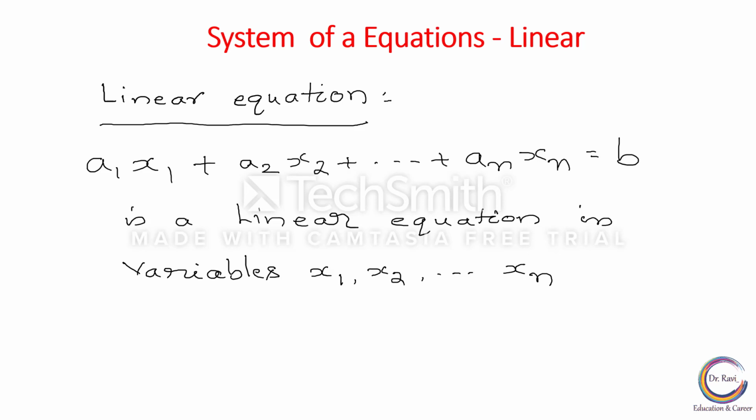An equation of the form a1x1 plus a2x2 plus so on an xn equal to b, where a1, a2, an and b are all constants, and a1, a2, so on an are called coefficients. Then this equation is called a linear equation in terms of the variables x1, x2, so on xn.